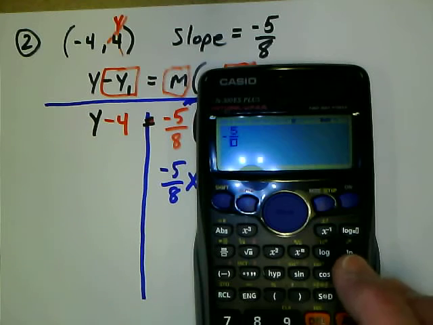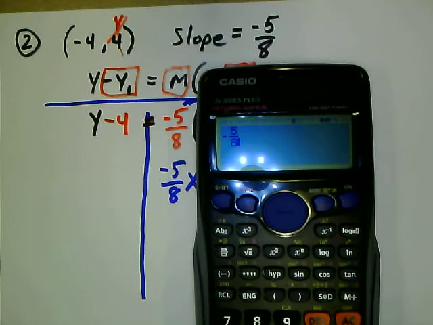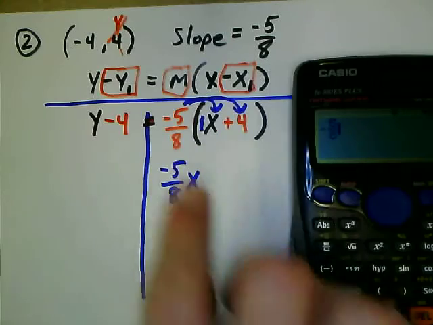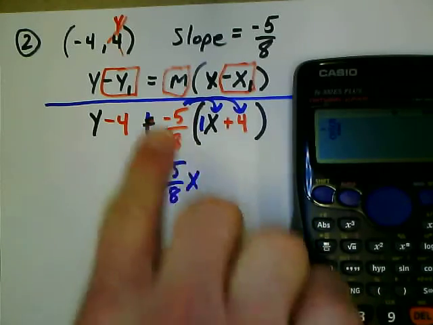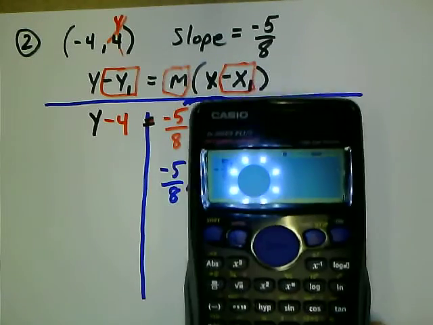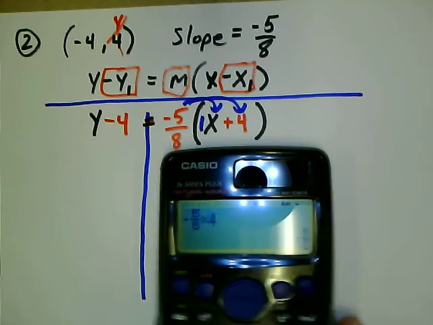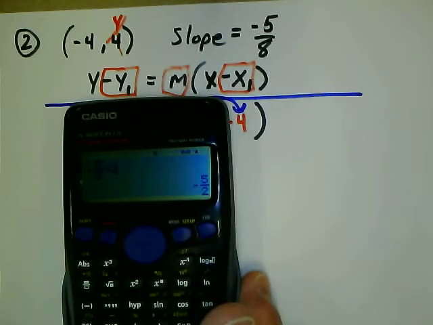And I'm going to put 8. Then I move it over, and it's -5 over 8 times 4. So I hit the multiplication and 4 and equals. And I get -5 over 2.